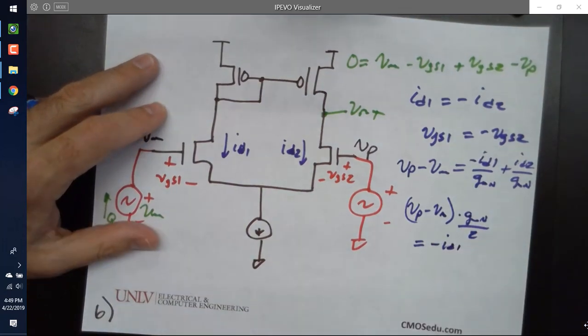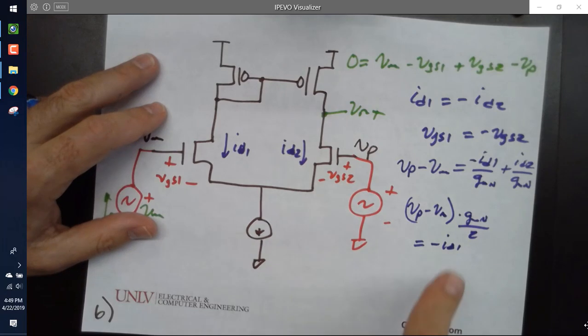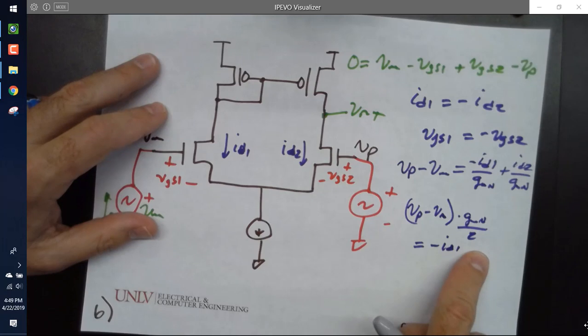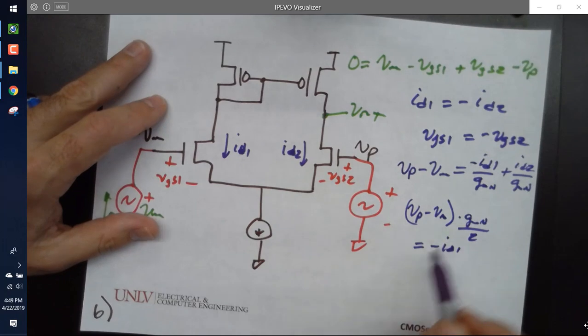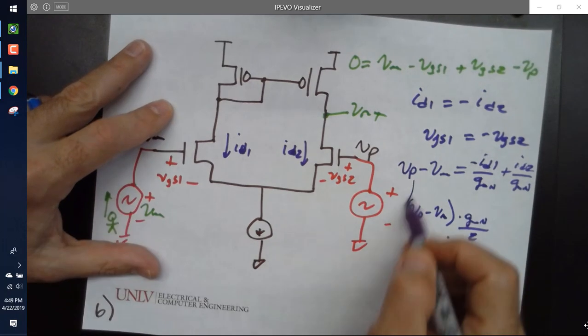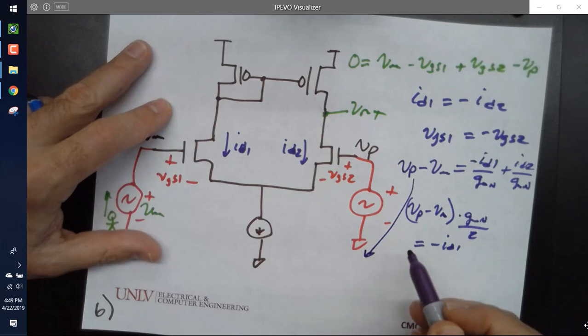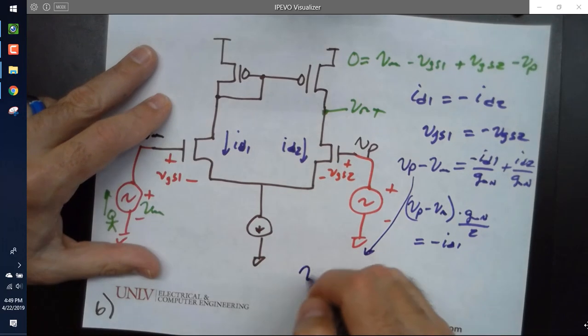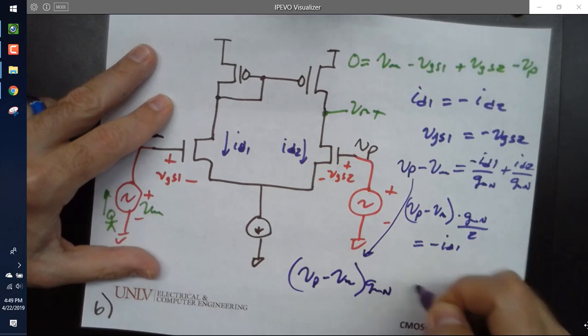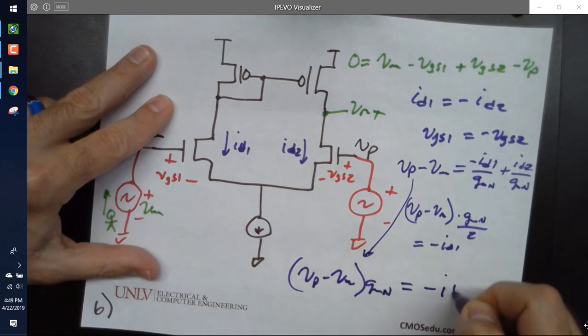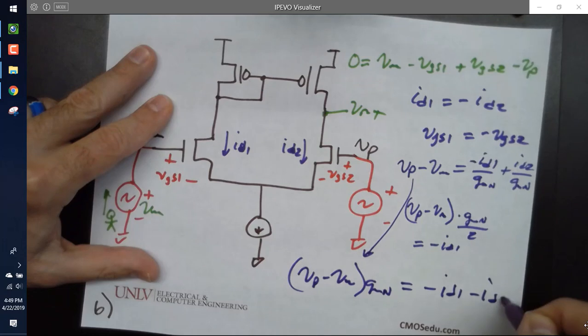Anybody agree with that? Did I skip too many steps? I did? All right, okay, so let's go back here. So that would be VP minus VM times GMN, which is equal to minus ID1 minus ID1.